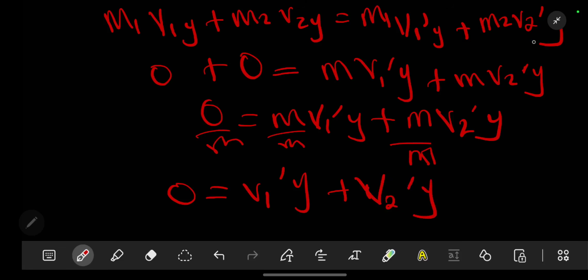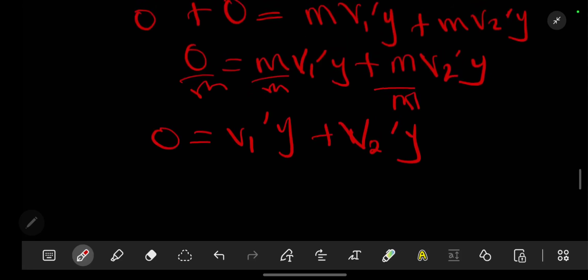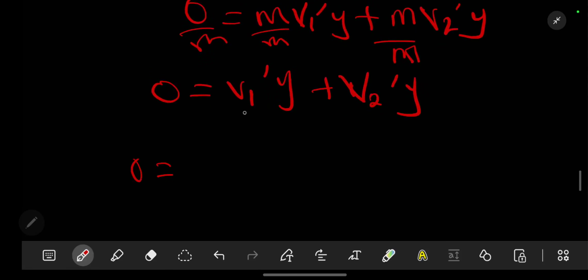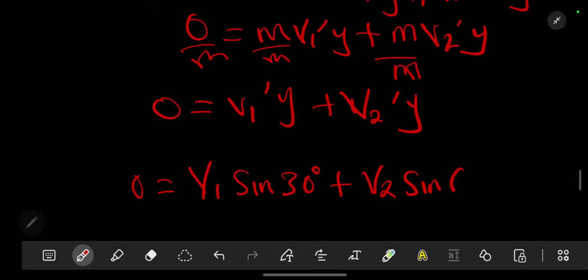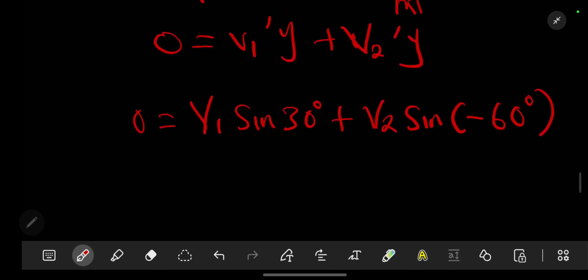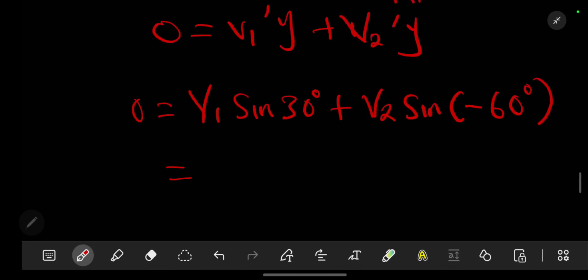Remembering the angles, we have 0 should be equal to the y, it will be v1. Remember, it went 30, so we have the sine of 30. Then we have plus v2, then we have the sine of negative 60 degrees. The sine of 30 will give us 0.5, so we say 0.5 v1, because sine 30 is 0.5.